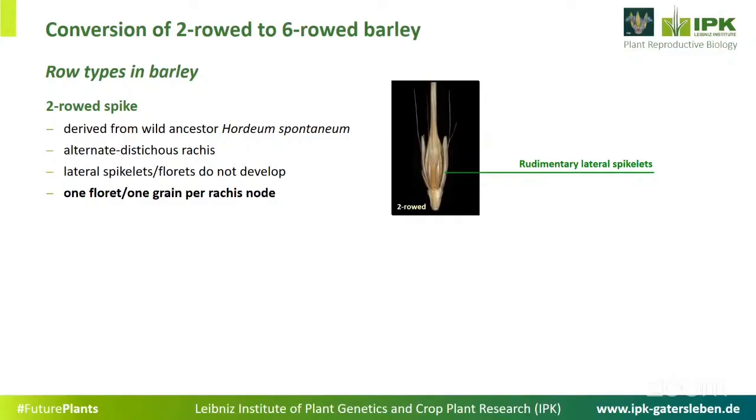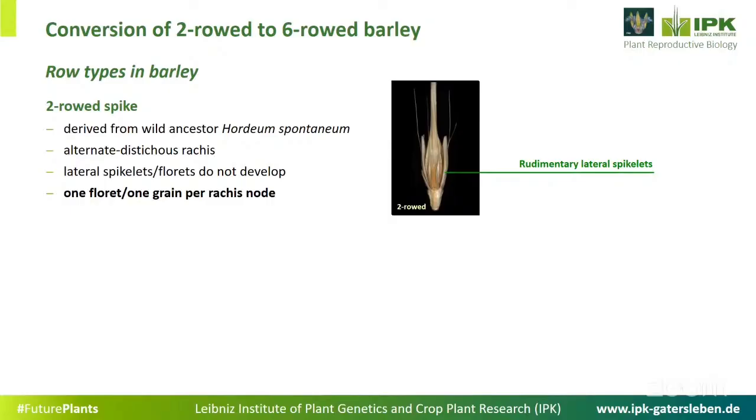And here we have the example that barley, you may all know barley, has two basic types. One group has 2 rows of grains along the rachis, and the other one has 6.